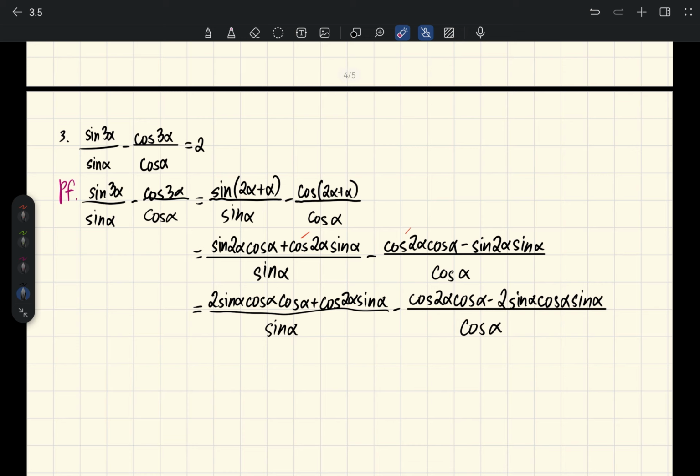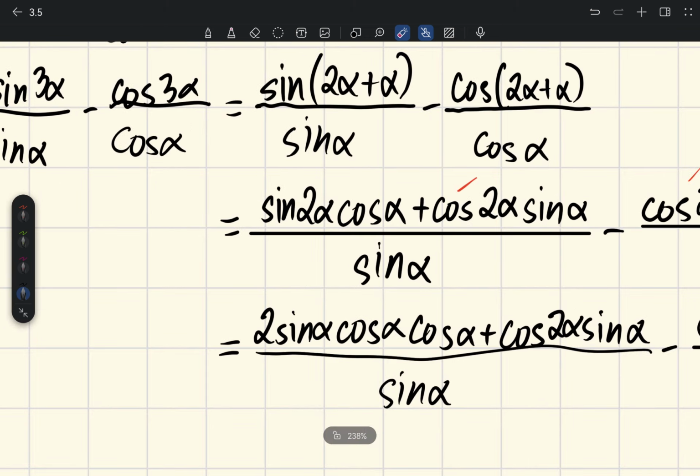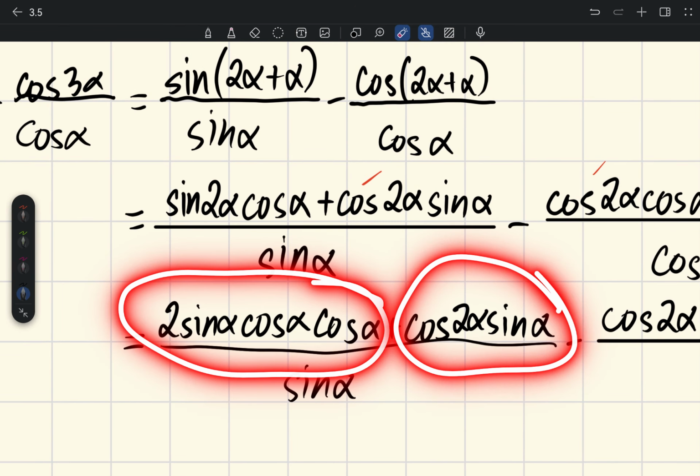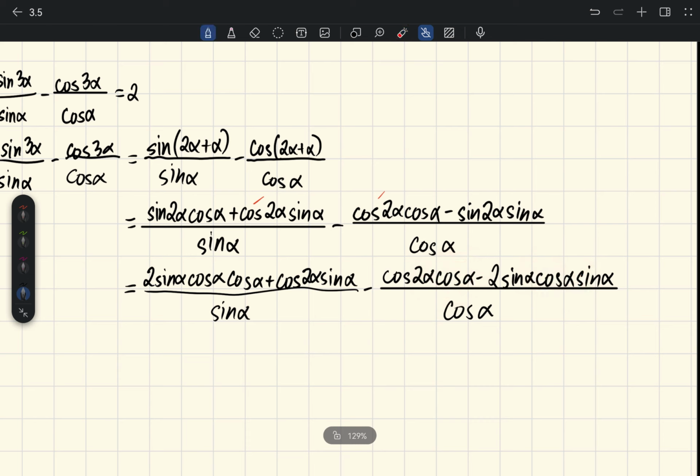Now let's take a better look with what we have. As you can see right here, these two terms have a common factor, which is sine alpha. And similarly, for this one, they have a common factor, which is cosine alpha. So let's factor out that common factor.